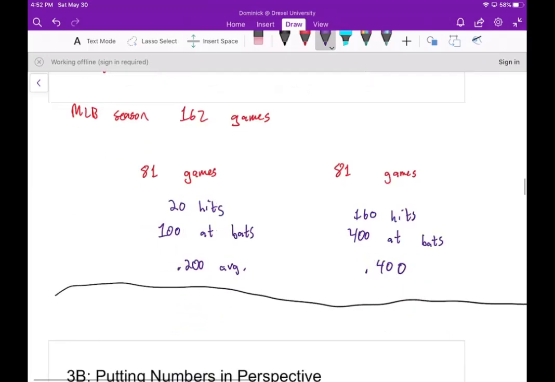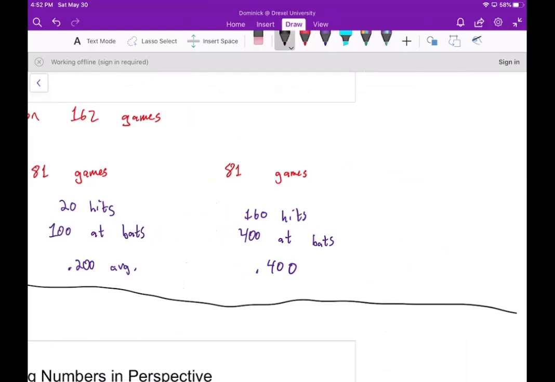Now, of course, if you look at the entire season, if you total these, there were 180 hits, and there are 500 at-bats. Right? So if we do 180 divided by 500, that's going to give us a .360 average.